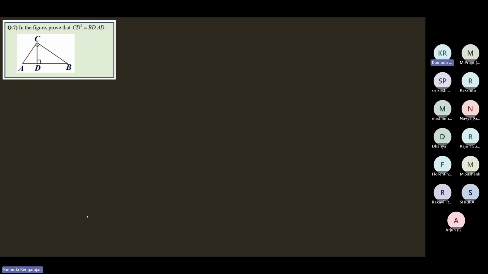So take up 2 triangles which have CD as a common side. So in triangle ADC and triangle BDC, both of them have CD or DC in it.